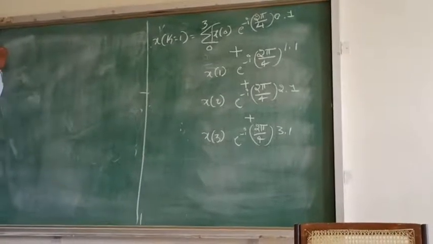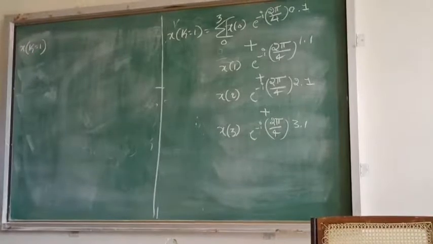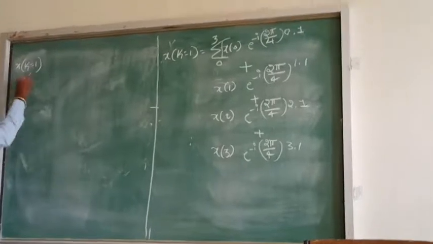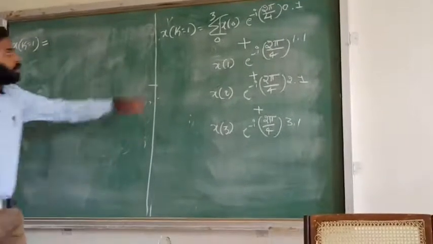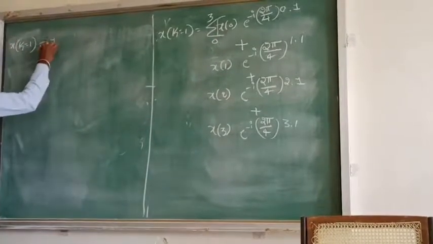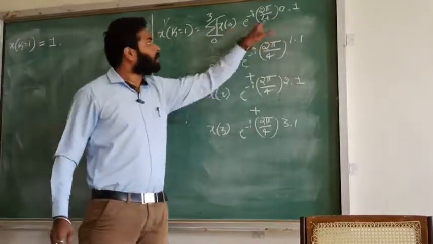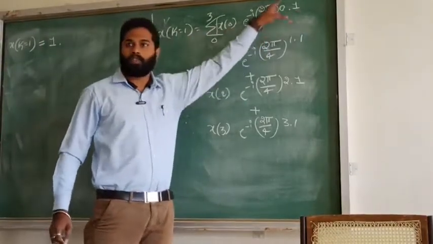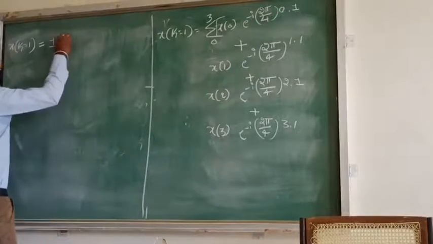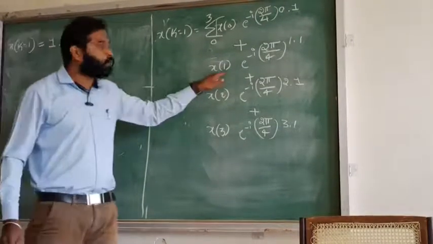X at k is equal to 1, so write x at k is equal to 1. That's equal to, x of 0 is what? X of 0 is 1. So first I will write 1 into this part, e raised to again 0 into 1 is 0. E raised to 0 is 1. So 1 into 1 plus, so here x of 1 is what?